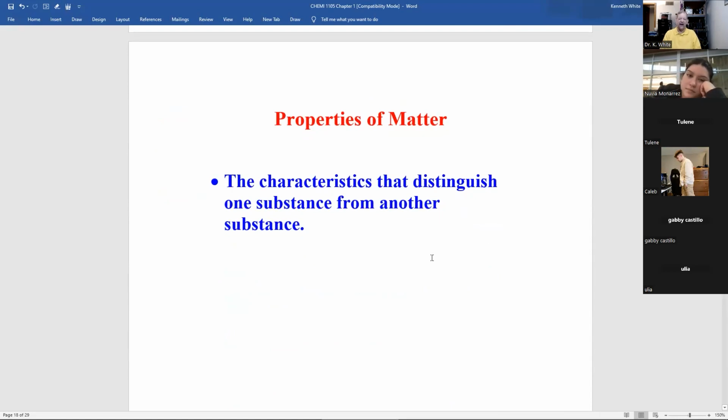Now, let's talk about matter. And remember, chemistry investigates the study of different aspects of matter. And matter is something that has mass and occupies space. Now, properties of matter, and I'll never ask you what are properties of matter, are characteristics that distinguish one substance from another.